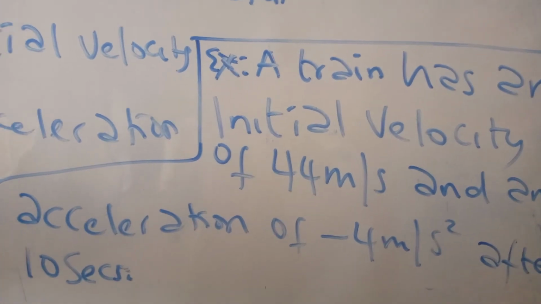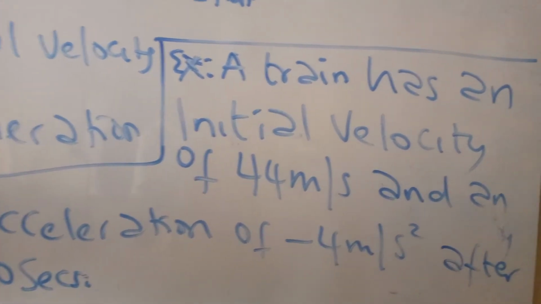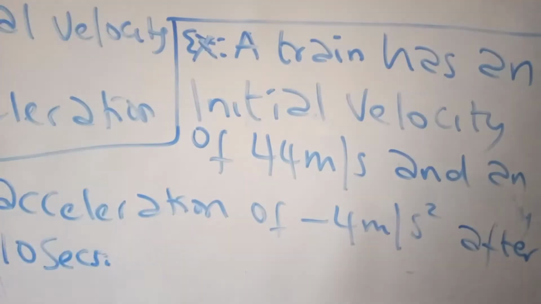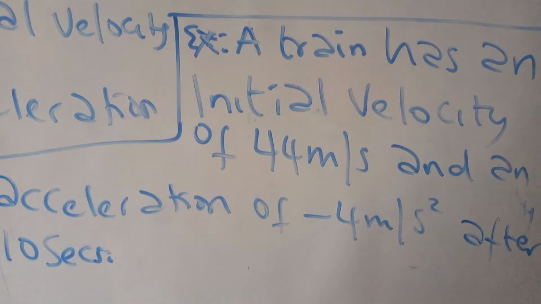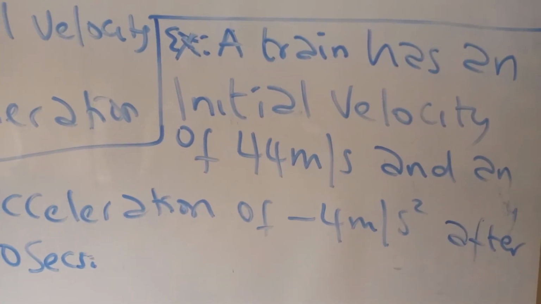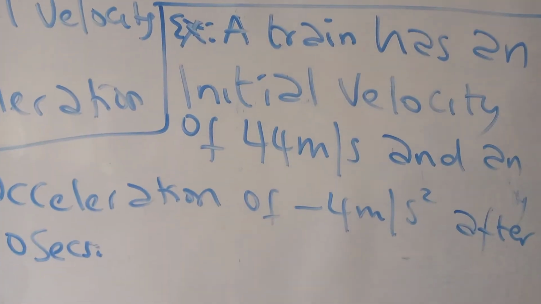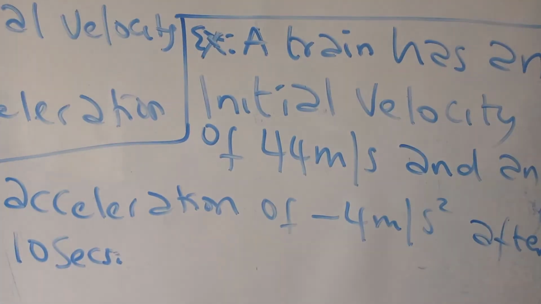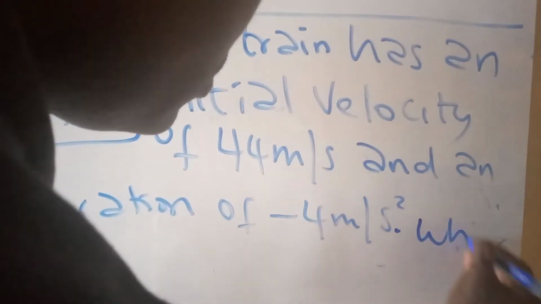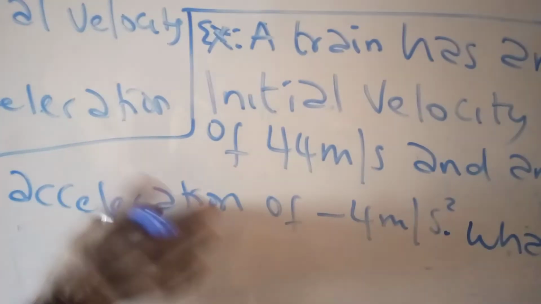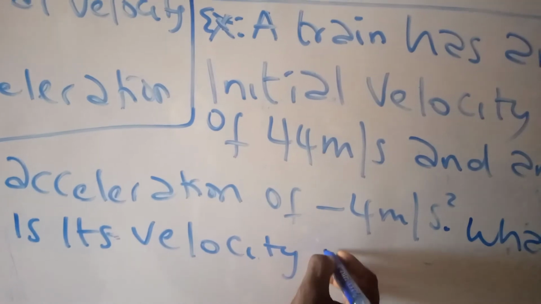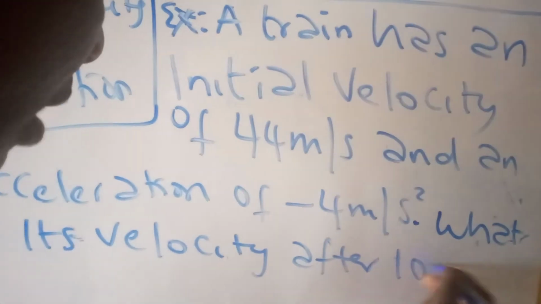So the question says we should calculate its velocity. A train has an initial velocity of 44 meters per second and an acceleration of minus 4 meters per second squared. So what is its velocity after 10 seconds?